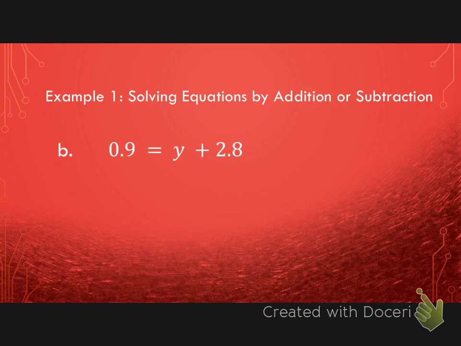So let's look at this example. Again, we'll draw our line going down, but this time the variable's on the right side. And remember, our goal here is to isolate the variable, get the variable by itself.